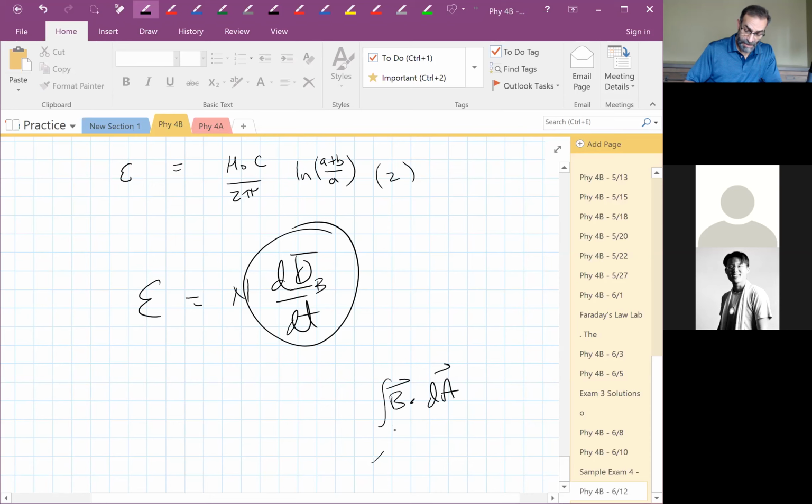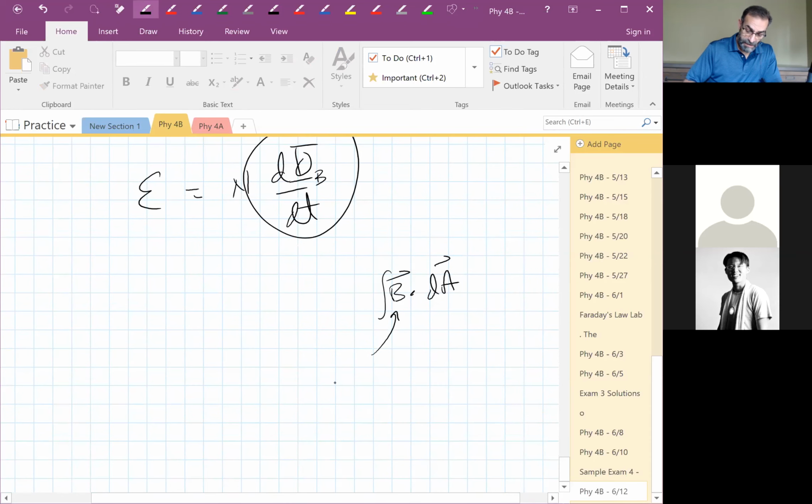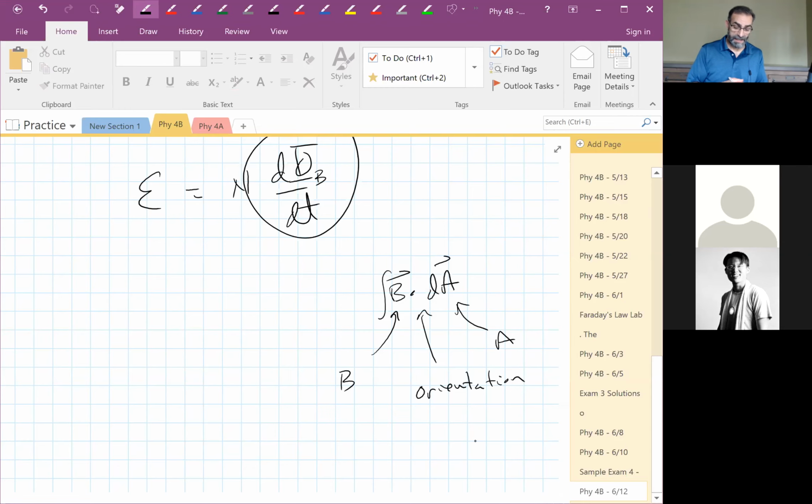So what could cause the change? A changing B field. A changing area. What else could cause the change? The orientation between the two changing. Any one of those three things changing will cause an induced EMF.